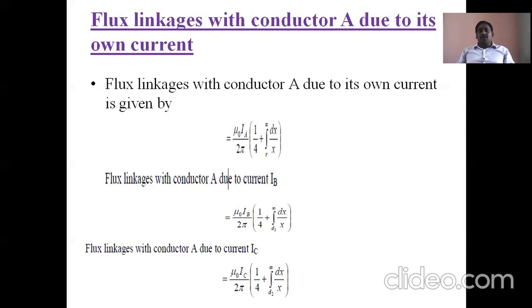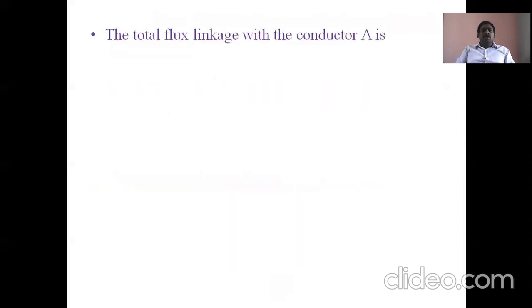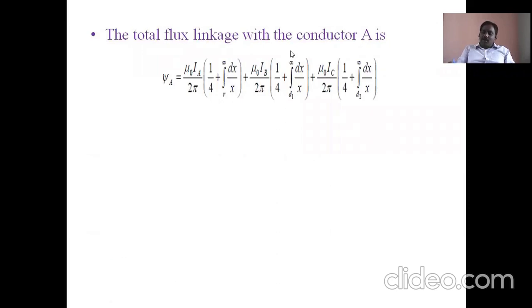How can we evaluate these equations? Already in the single phase system, we derived the flux linkages due to one conductor's current. Similarly, we can write the remaining conductor equations. By using this, the total flux linkage with conductor A is obtained by adding these three equations.